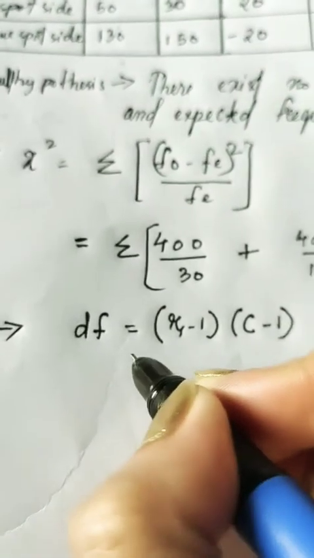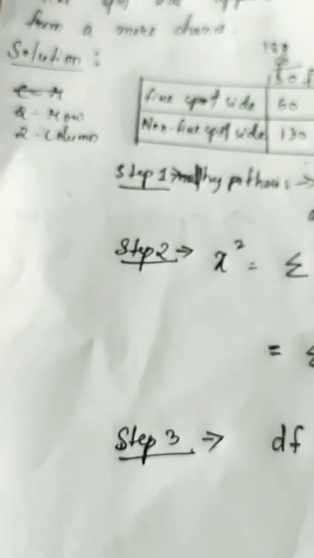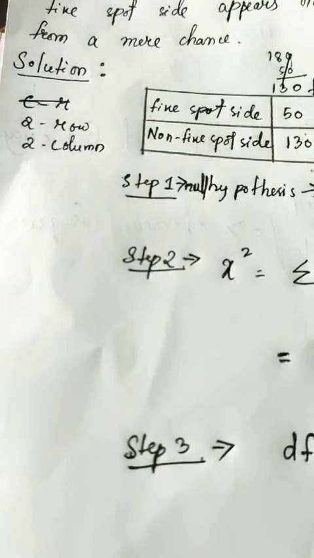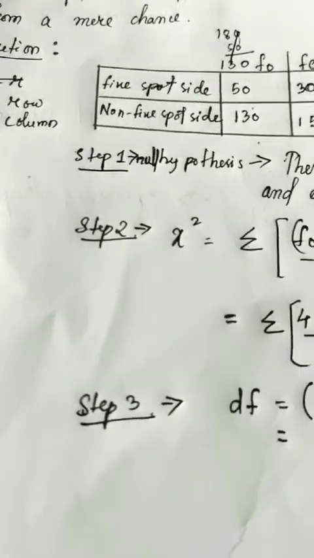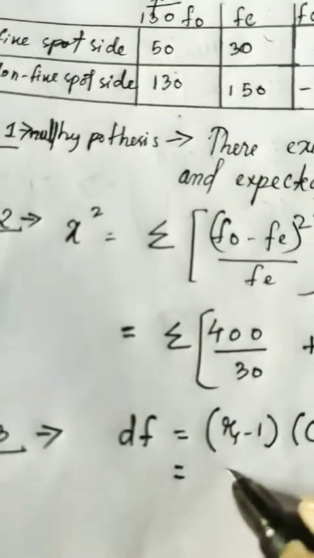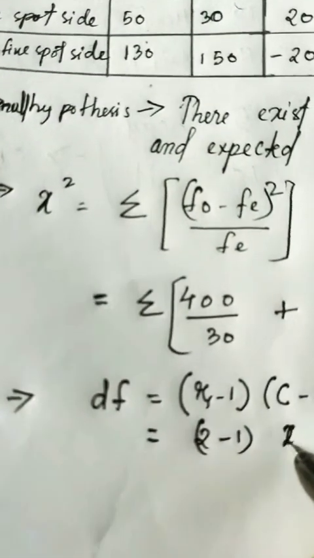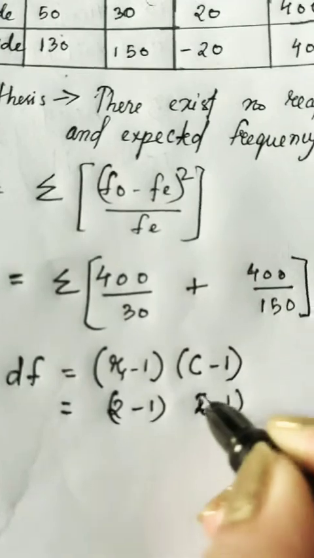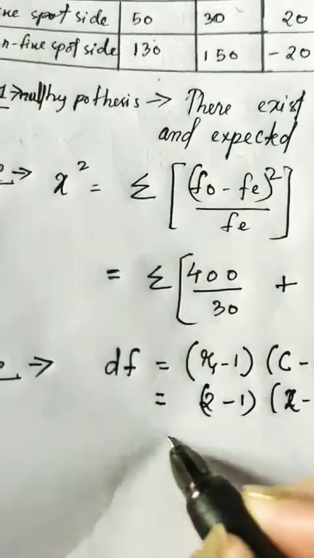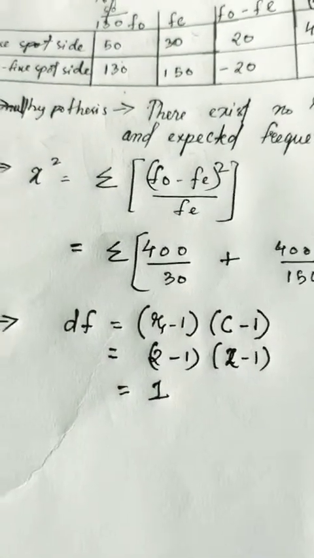I have already explained that the row and column of the question is 2, so 2 minus 1, and the column is 2 minus 1. By calculating it, we find it to be 1. So this is the degree of freedom.